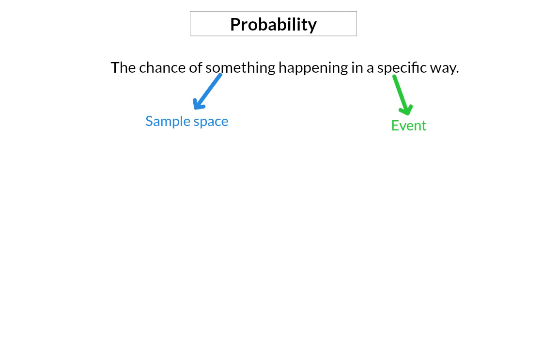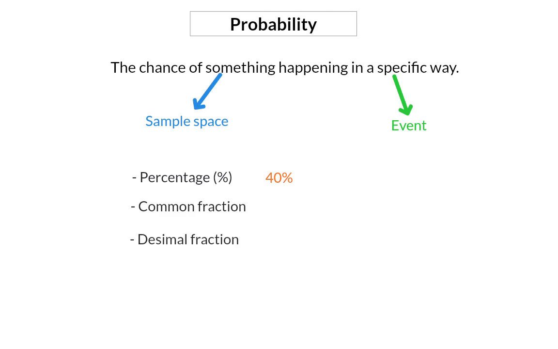This probability can be given as a percentage. For example, the chance of it raining tomorrow is 40%. The probability can also be given as a common fraction or as a decimal fraction, and this fraction will then always be between 0 and 1.